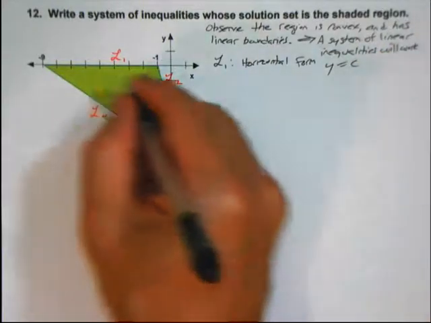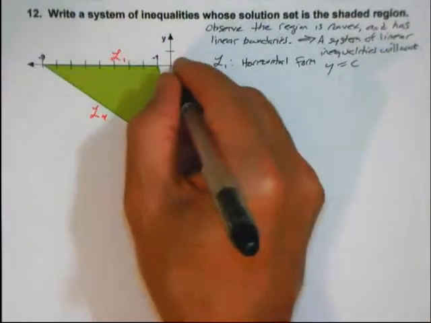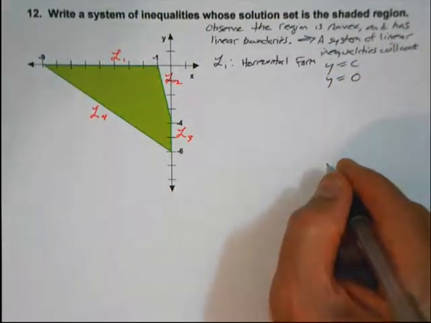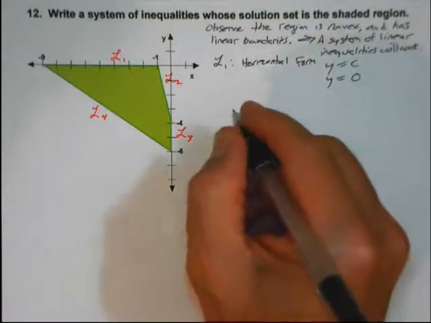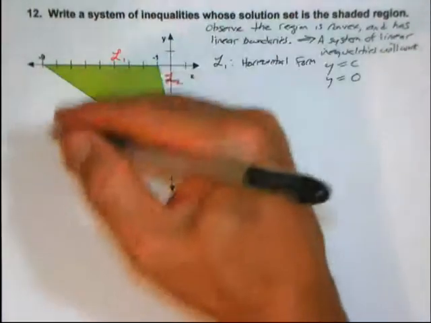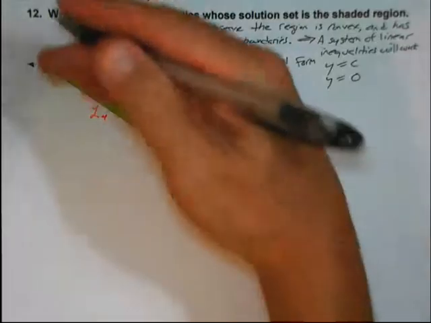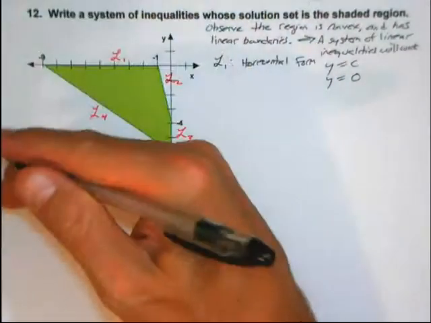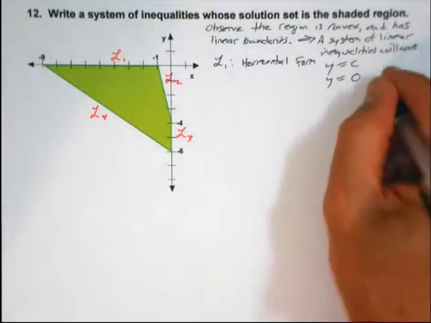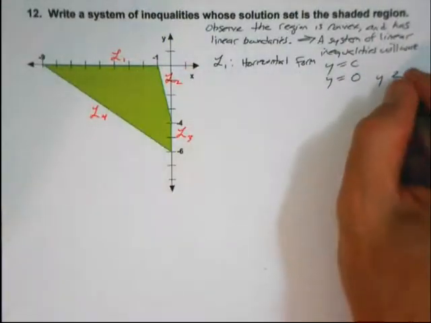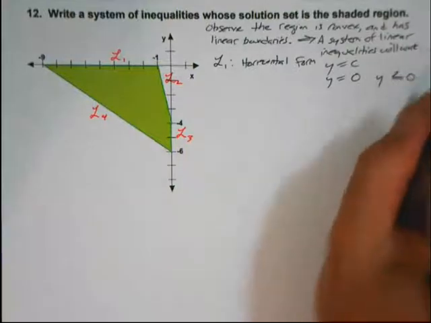In this case, that constant is y is equal to 0, in fact. Okay, now, as far as what to do with the inequality here, since we have a horizontal line, we can think in terms of we need to be below it for the half plane. So we are looking at y less than or equal to 0.